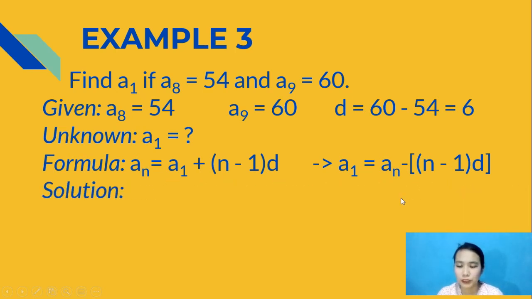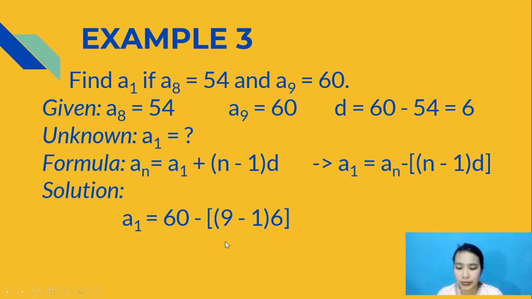By substitution, we have a sub 1 equals our a sub n, which refers to a sub 9. That would be our last term here. So that is 60 minus our n. Since we have a sub 9, our n here becomes 9. Minus 1 times our d, or common difference, is equal to 6.